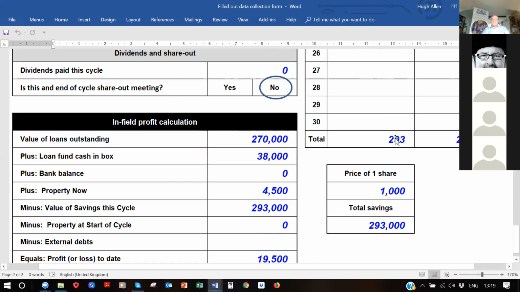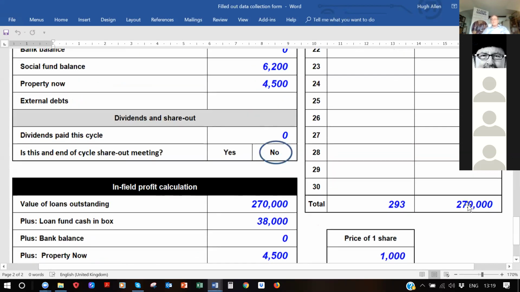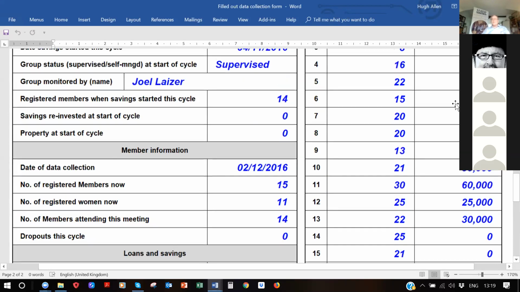Great. Yes, you see here we have 293 shares, and we have 273,000 in loans outstanding, and the value of one share is 1,000. So the total savings to date is 293,000, which we put in here. Value of savings this cycle, and we have 270,000 as the total value of loans outstanding.